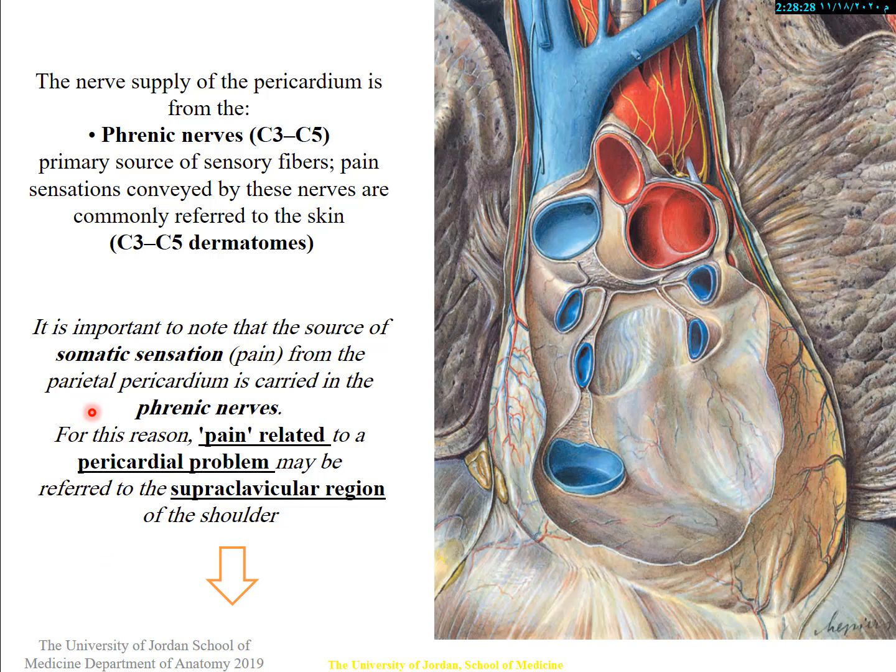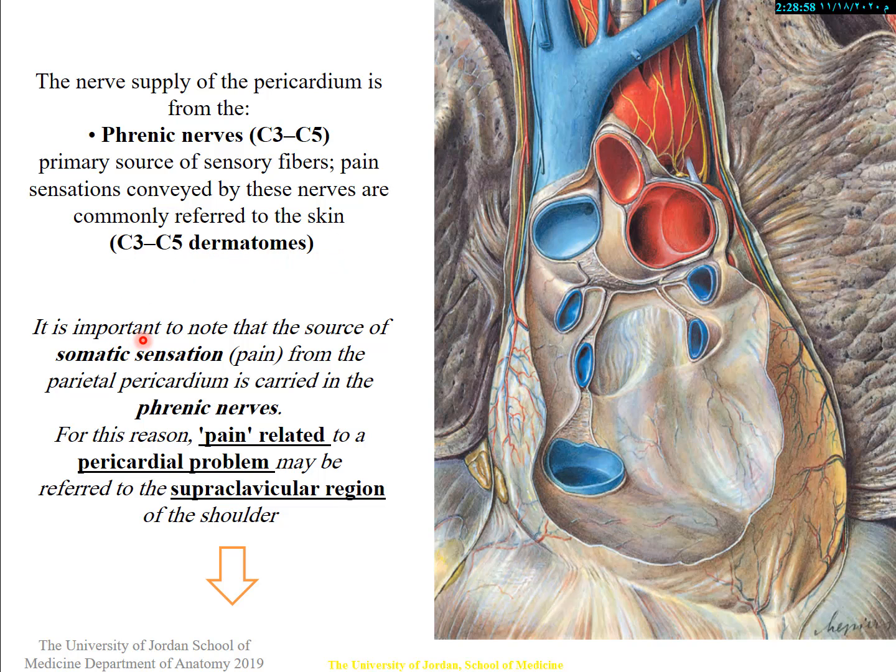So let's talk about the pericardium and its nerve supply. The nerve supply of the pericardium is from the phrenic nerve, C3, C4, C5, of course. This is the cervical plexus, the primary source of sensory fibers. Pain sensation conveyed by these nerves is commonly referred to the skin, the C3 to C5 dermatomes.